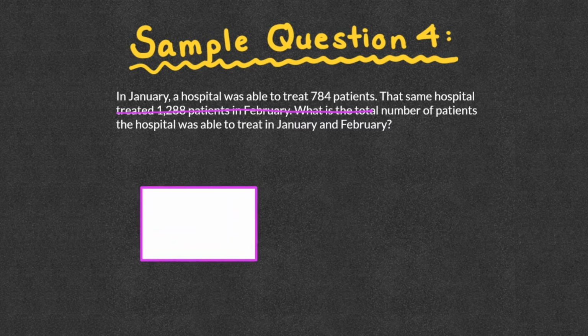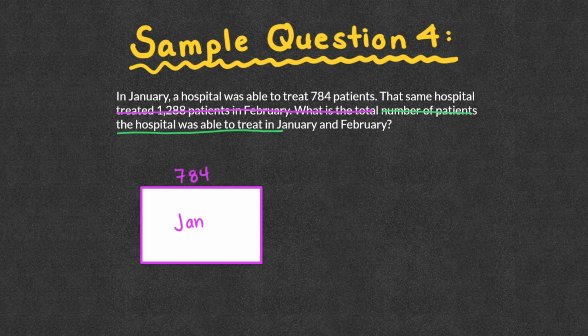Now, I may not know what to do with that yet, so I'm just going to put that here. So I'm going to say 784. That same hospital was able to treat 1,288 patients in February. So if this is January, February has nothing to do with January, so that means I need a new box. And that means I'm going to put that box, oh my gosh, wrong way to set that up.